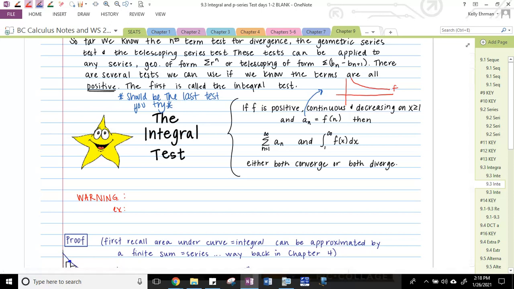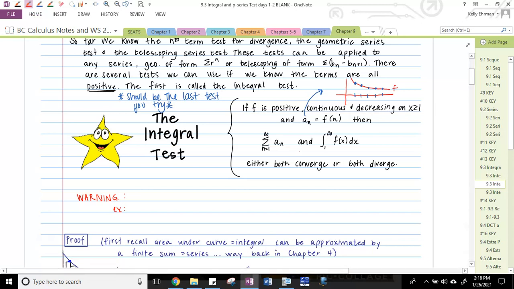A sequence, remember, is just saying, okay, at 1, there's the first term of my sequence. And at 2, here's the second term, at 3. So when we say we want our sequence to equal f of n, we just mean the terms of the sequence are equal to that exact point on f of x, right? You're not going to have a point that's like way up here. Okay, so anyway, that's what that picture is saying.